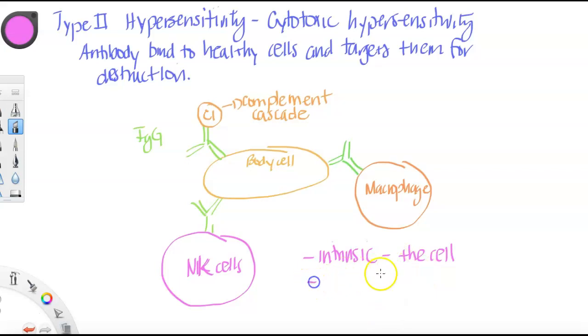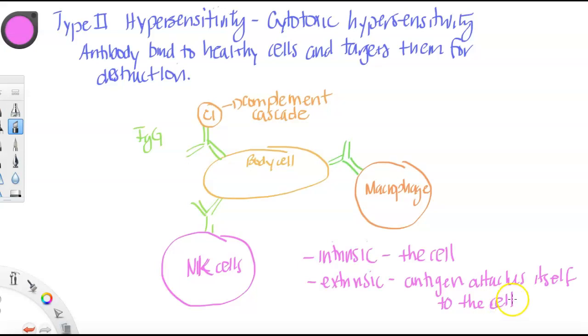If an antigen attaches itself to the body cell and that's causing the antibodies to the body to target the cell, even though it's the antigen on the cell, then that's an extrinsic type 2 hypersensitivity. So it's where the antigen attaches itself to the cell, to the healthy cell.